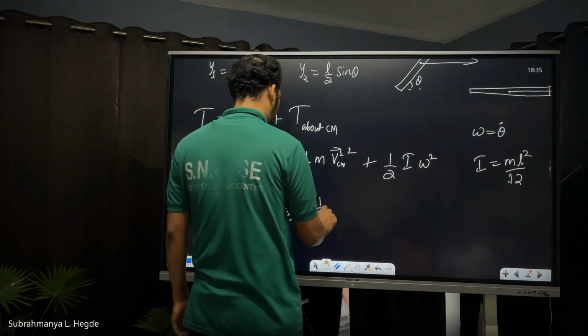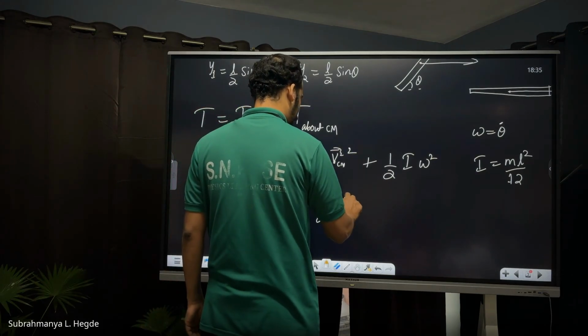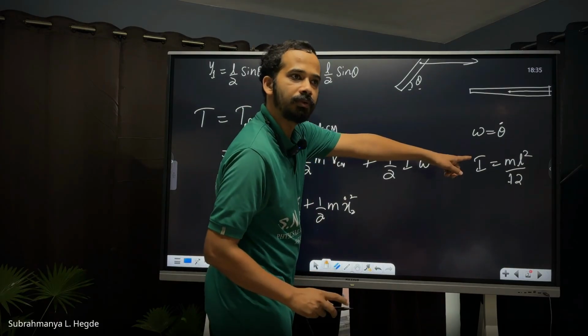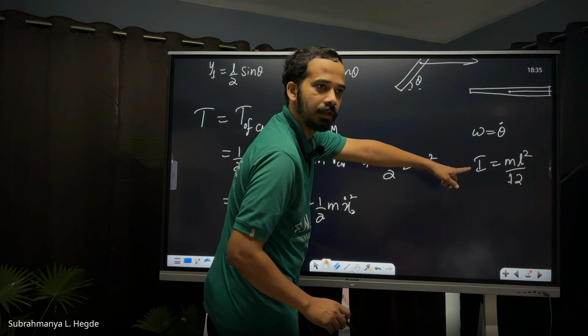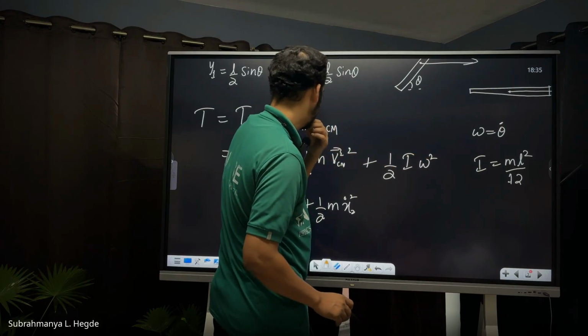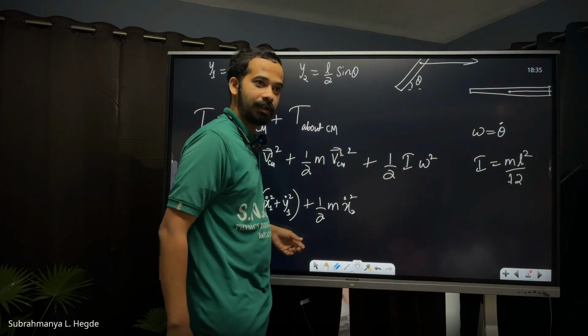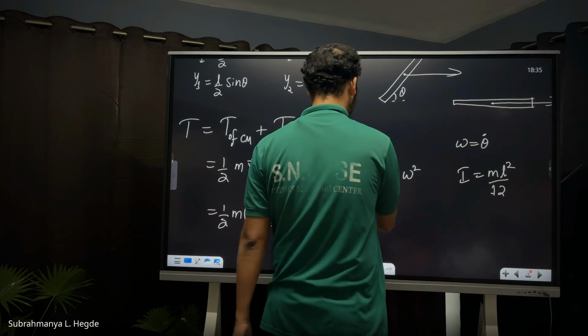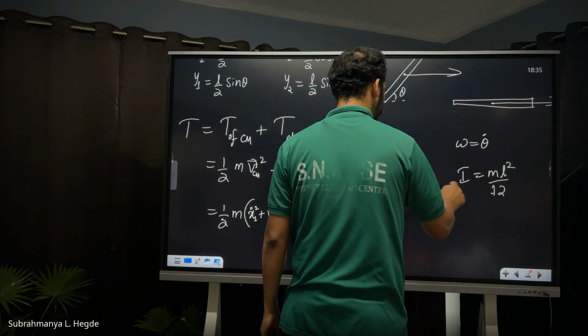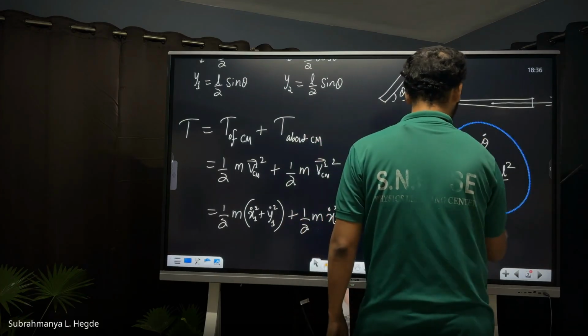Plus half m into x2 dot square, plus ml square by 12 or 3. What happened? Here also 2 should come. Am I right? Into 2. That's perfect. Here also 2 should come.